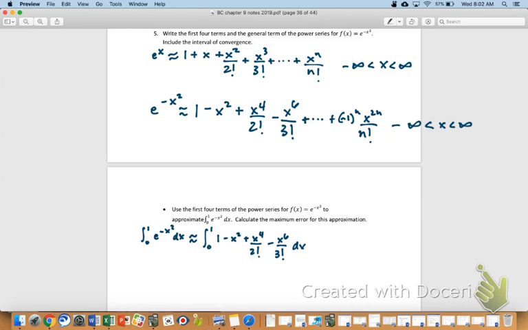Okay, so if that's true, then the whole point of this is that it's really easy to find the antiderivative of a polynomial. So I'm going to do that next.